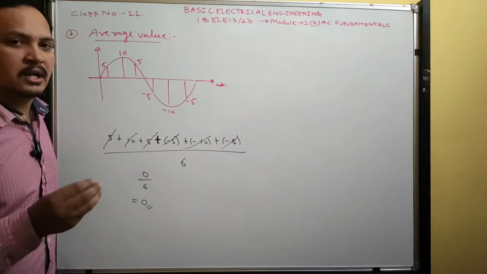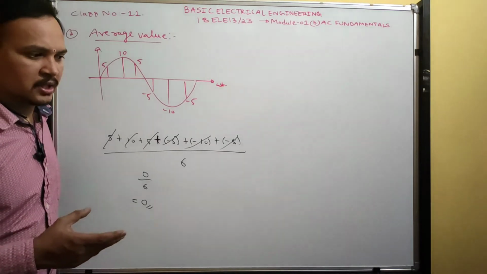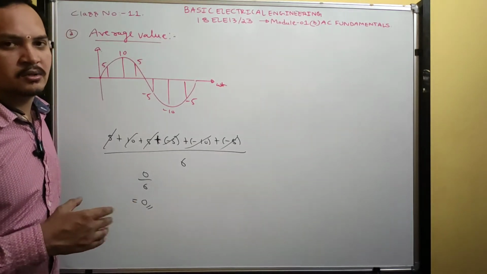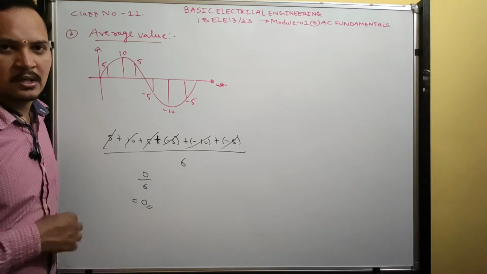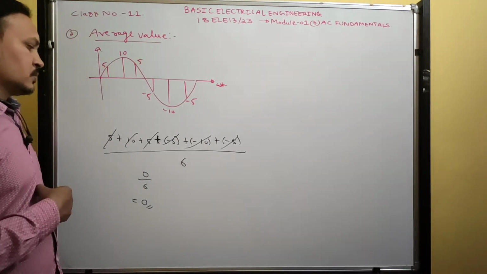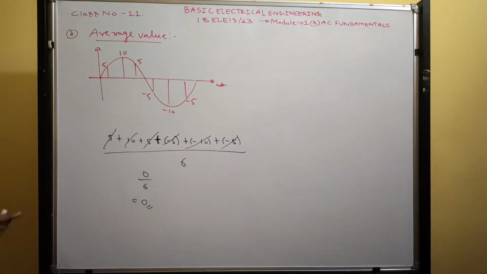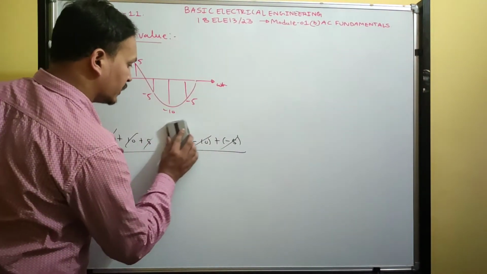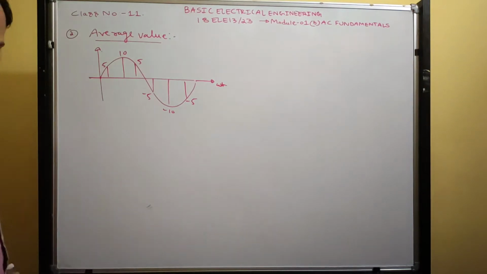Heating effect and charging effect both will take place, if it is having energy storing elements, so charging effect will take place, all such connected across supply. Got it? So therefore, to compute average value, we need to consider only half cycle.